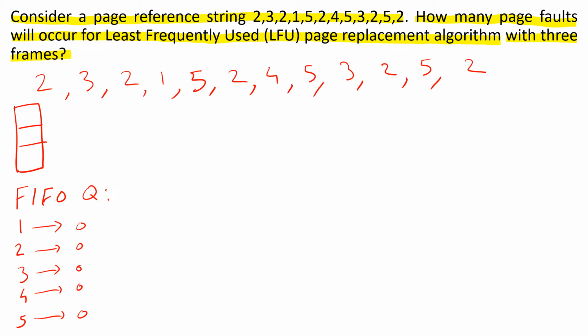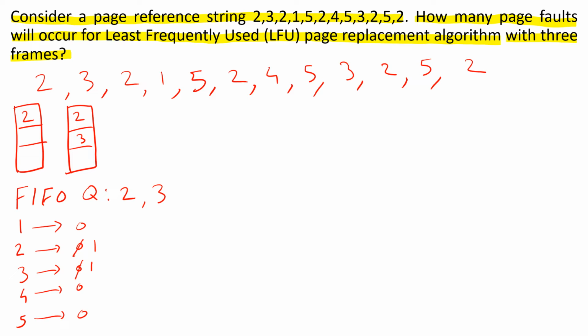Then we want page number 2. It is not there, so we take it into main memory, we insert that page onto the queue, and since we have used that page, the reference count for page 2 becomes 1. Then we need page 3. Same story: we bring that page into main memory, insert it onto the queue, and the reference count for page 3 is incremented by 1.